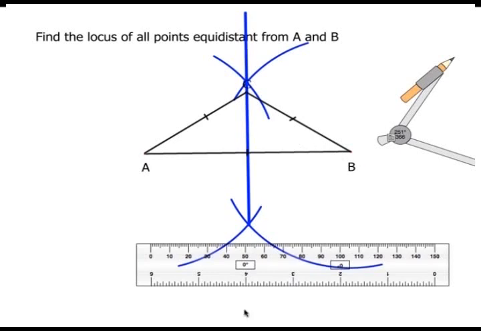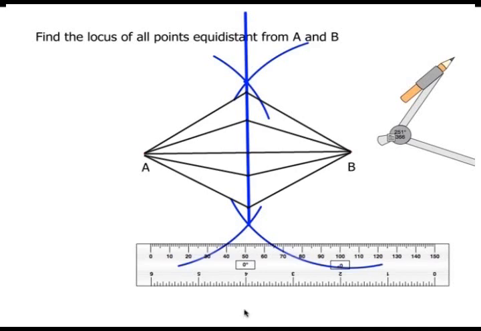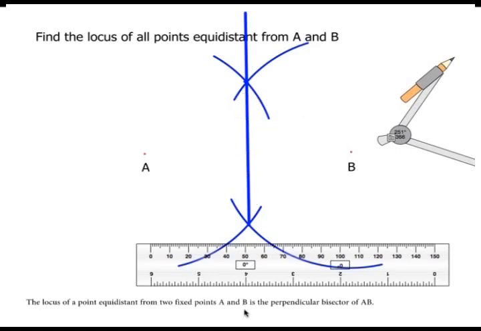And AC is equal to BC. And you can draw an infinite number of isosceles triangles on either side of the line. And so the locus of a point equidistant from two fixed points A and B is the perpendicular bisector of AB.